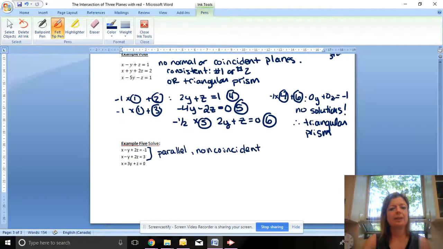They have the same normal, but different constants. So you know that they are parallel planes and not coincident, which tells you right away that there's no solution. As soon as you have any kind of parallel planes, there's no solution. So that's the kind of analysis you're going to be doing.